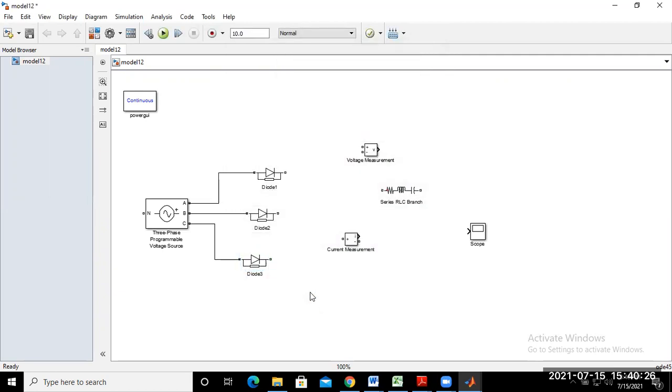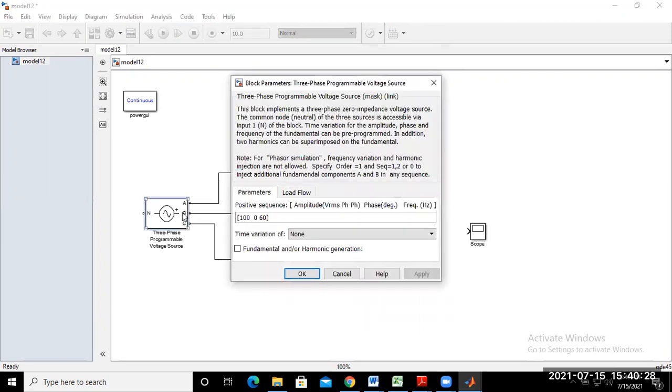Now you just put the parameters of the AC supply voltage source. So you type here all the parameters, that means amplitude value, positive sequence. You may write here line to line voltage, that means RMS voltage into root 2.